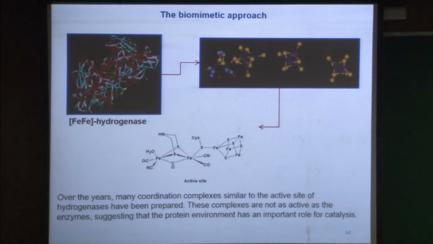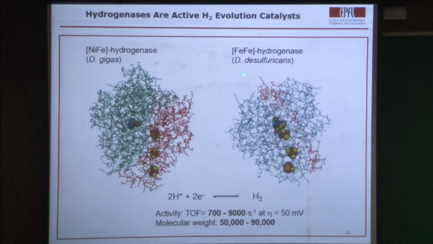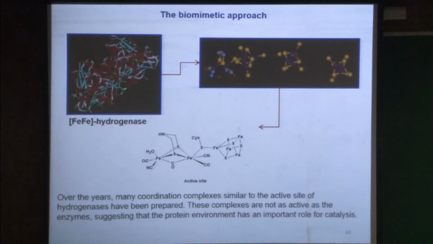If we look at the most active one for hydrogen formation, which is the iron-iron hydrogenase, this is an old picture, but you can see the active site. It looks like this. It's a coordination compound, slightly complicated. This is an iron-sulfur cluster. In enzymes, you have a lot of iron-sulfur clusters. They basically serve as electron wires to deliver electrons. Then you have two irons and a nitrogen-bridged dithiolate.